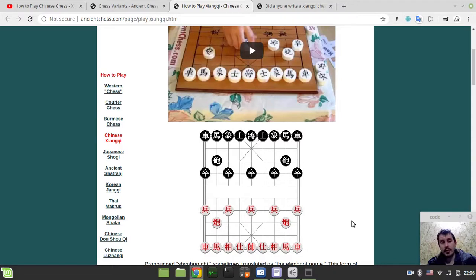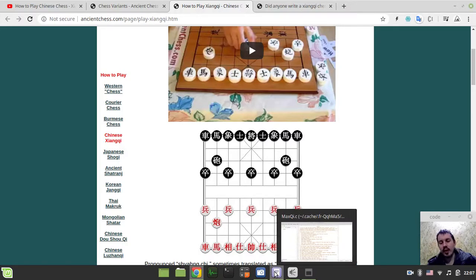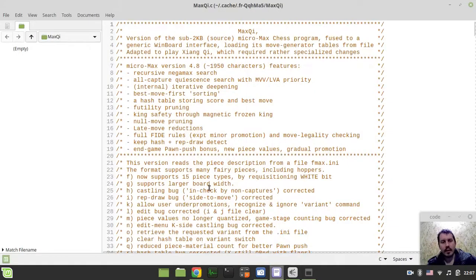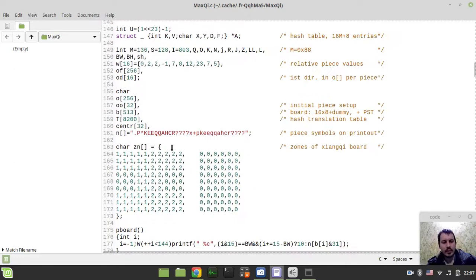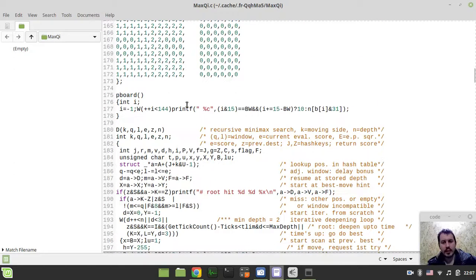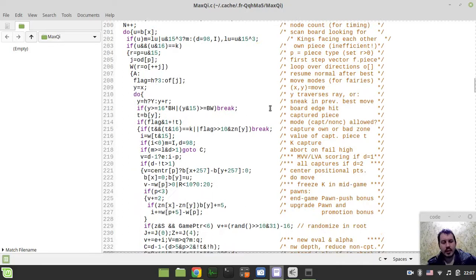The first pattern is devised by Richard Albert, also known as Blue Fever Software on YouTube, and the other is the Micro-Max chess engine by Harm Geert Muller. I could have a look at the source. Actually, I did have a look at the source code of this Max C. It really looks like Micro-Max, with meaningless variable names but really nice commentaries.